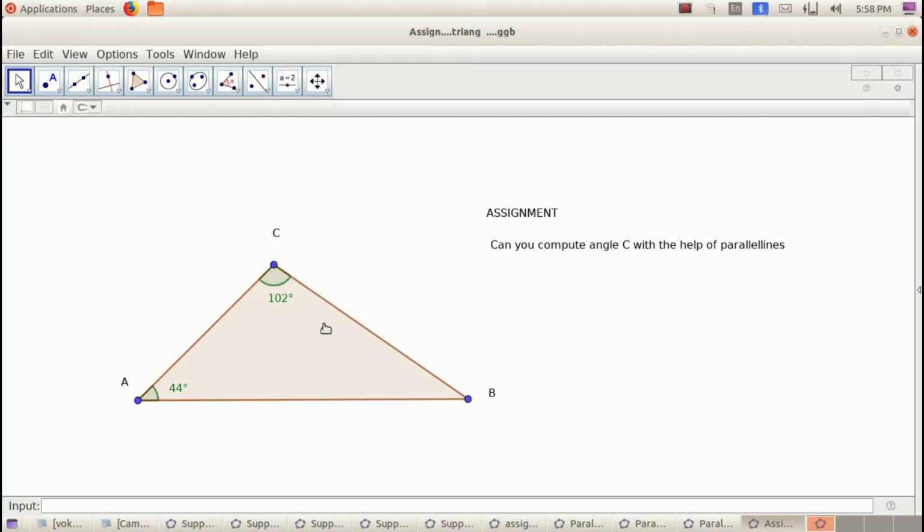So observe my class once more and draw a figure in this way. Then draw a parallel line through C to AB. Then you can find this angle measurement. Thus you can prove this figure. Assignment: can you compute angle B with the help of parallel lines?